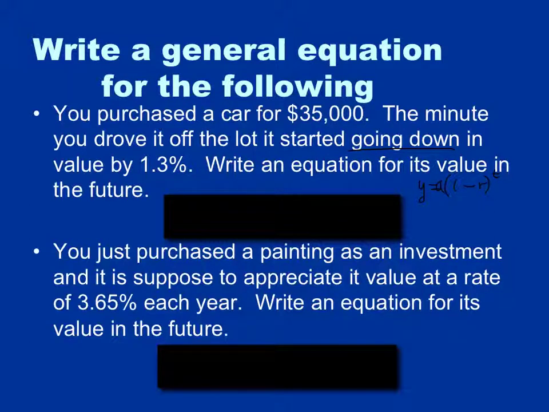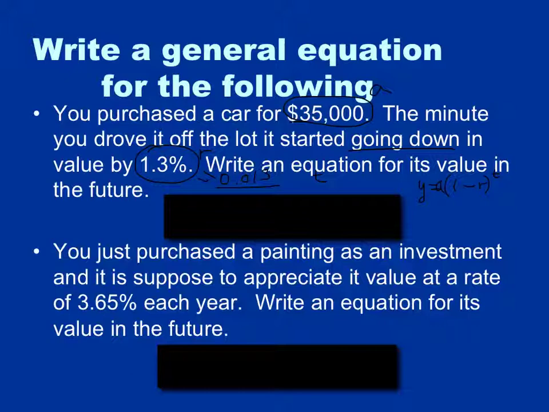What is my a? My a is going to be this. That's my a. What's my rate? That's my rate, but remember my rate has to be in decimal form, so if I were to rewrite it in decimal form, I would go 0.013. That would be the value that I'd put into my formula. Now what is my t? Well, t will just remain t.